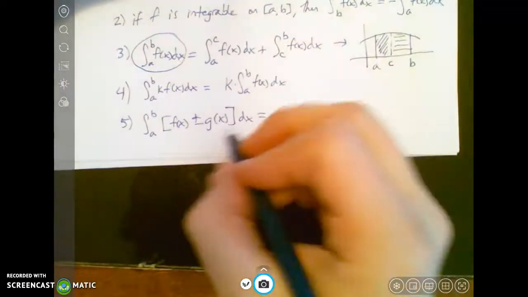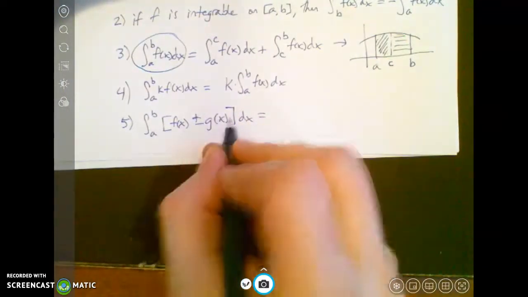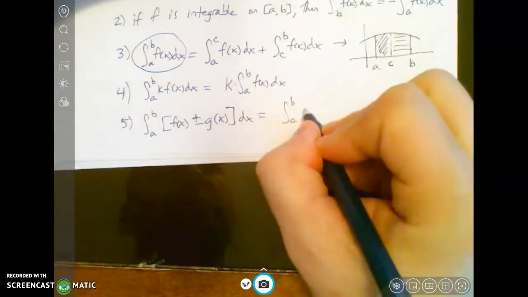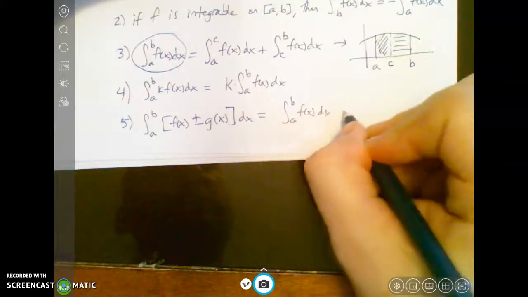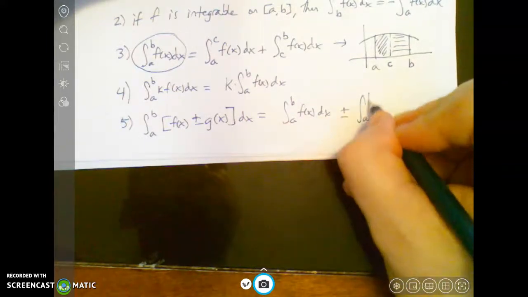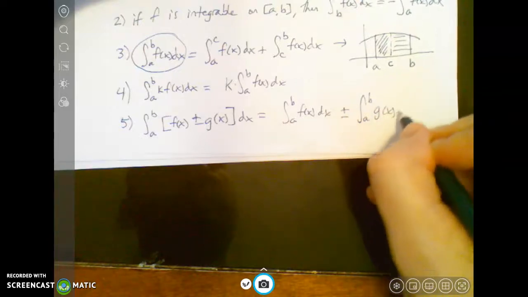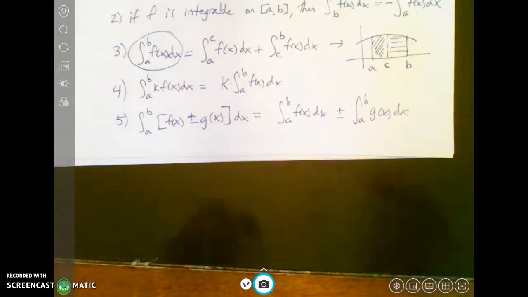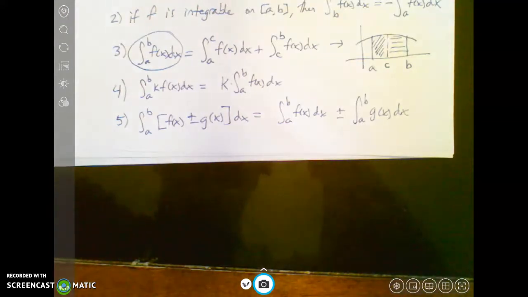Down here, if you ever have addition or subtraction of two separate functions in an integral, you're allowed to break those apart to just do f of x and then add or subtract the integral of g of x from a to b. Okay, so now let's do some examples, because we haven't actually gotten to the whole point of this thing, and I'll show you on the next page after we've got the rules.